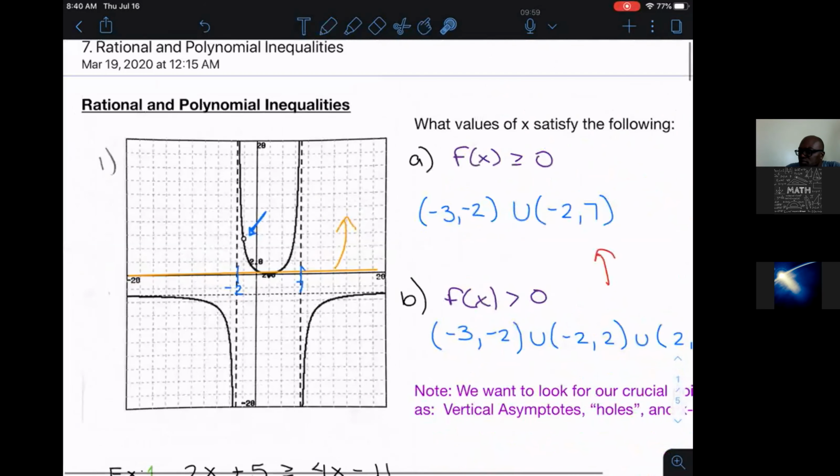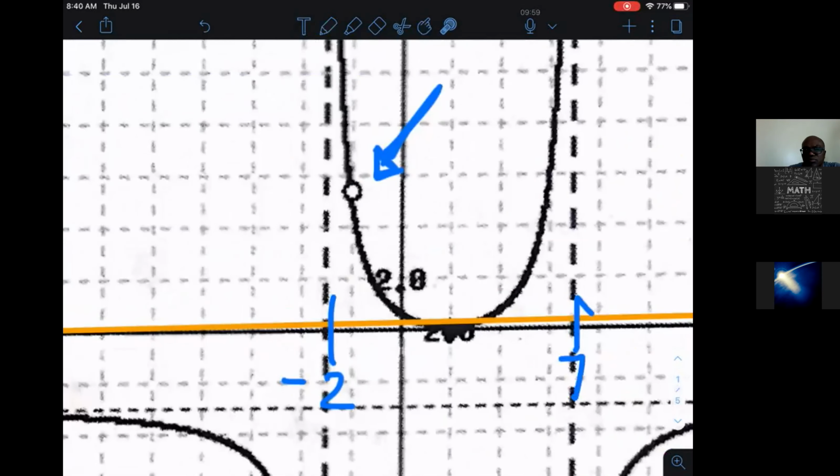That's everywhere there is some sort of graphical value. But there's also a little hole here. This hole is not going to be included in our x values greater than 0, because a hole is a point that is missing. Since that point is missing, we can't include it.